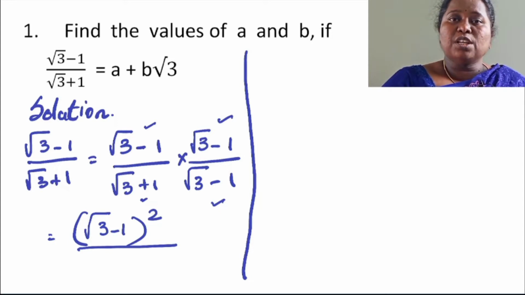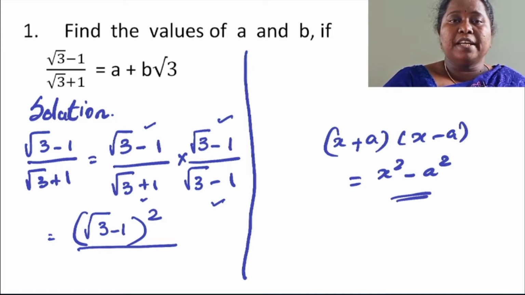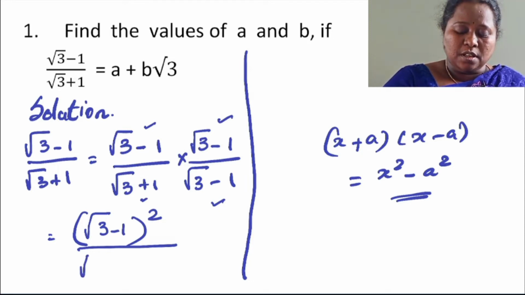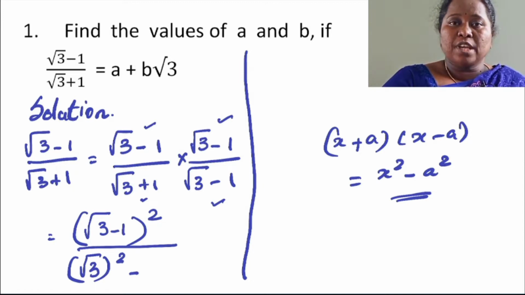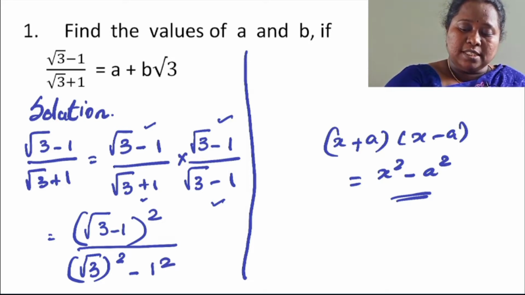In that case, we can use the algebraic identity, x plus a into x minus a is equal to x squared minus a squared. This algebraic identity I am going to apply in the denominator. Instead of x, I have root 3. So, root 3 the whole square minus, instead of a, I have 1 here. So, 1 the whole square. What will be the answer?